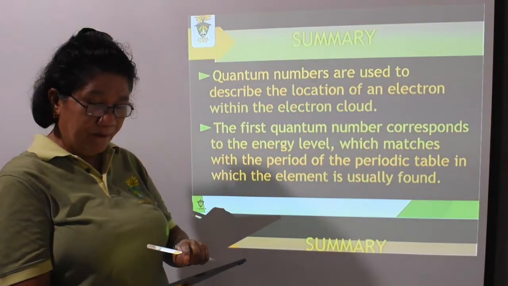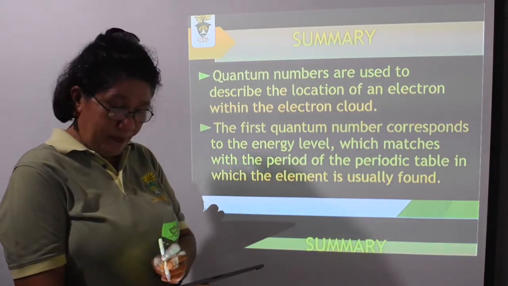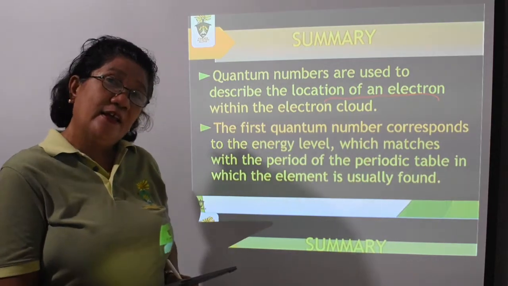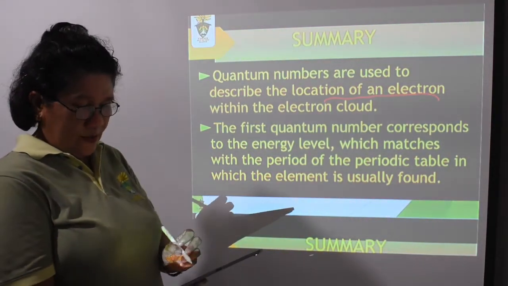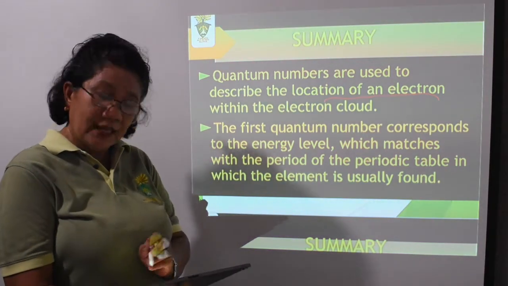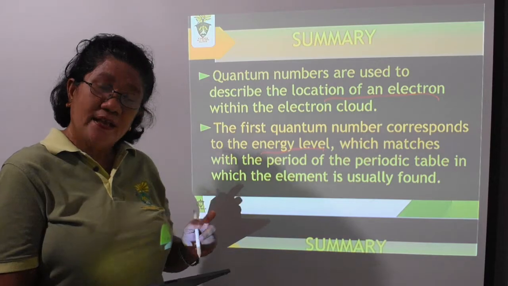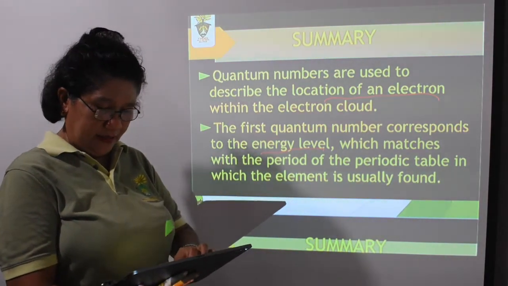As a summary, we already know that quantum numbers describe the location of your electron outside the nucleus. The first quantum number will give you the energy level, and this matches the periodic table of elements.